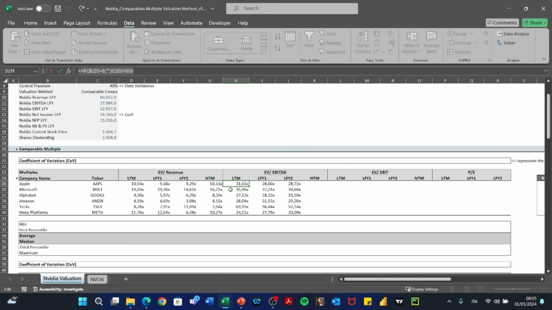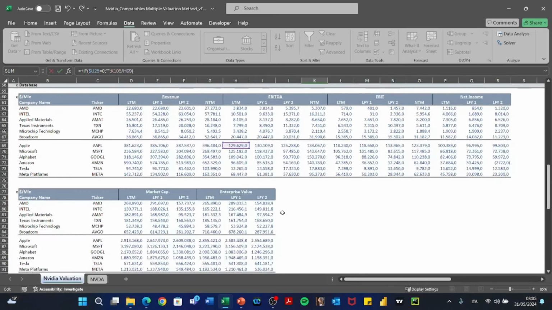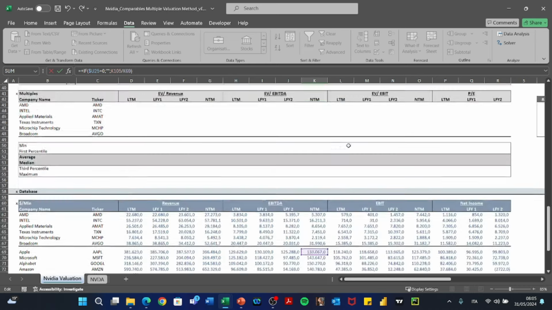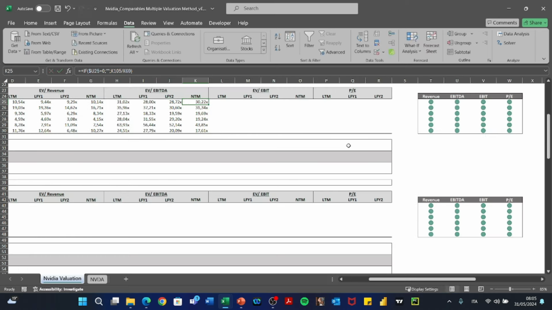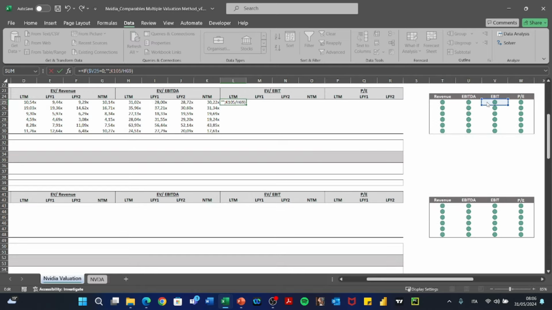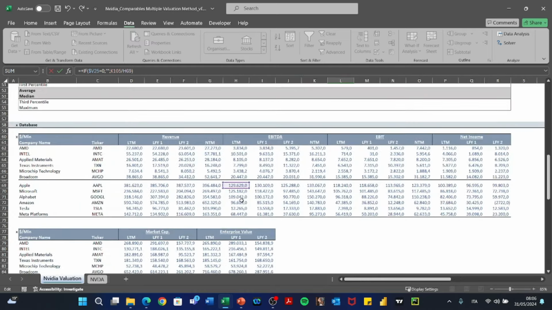Okay. In this case, the next 12 months EBITDA, last 12 months, perfect. Let's now keep doing this for the EV on EBIT.